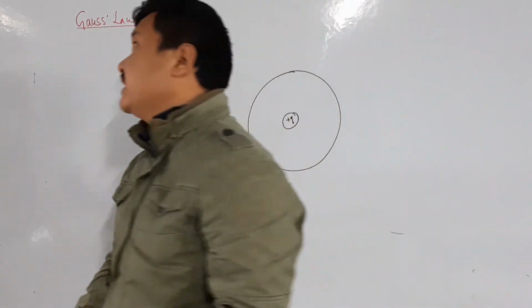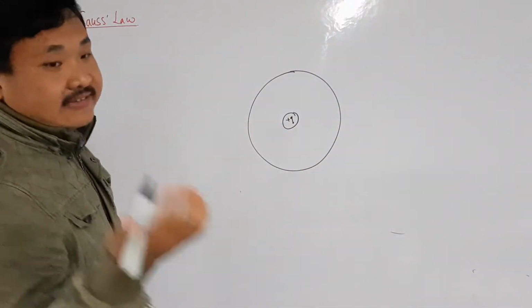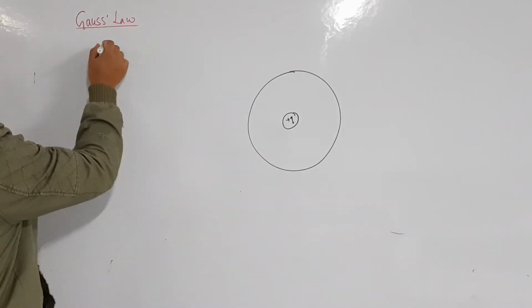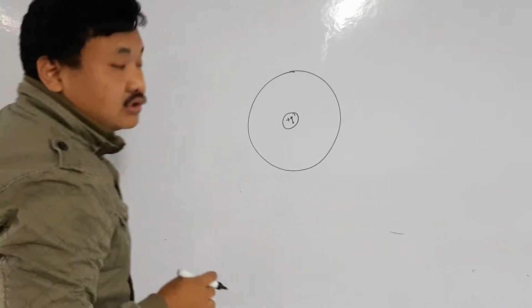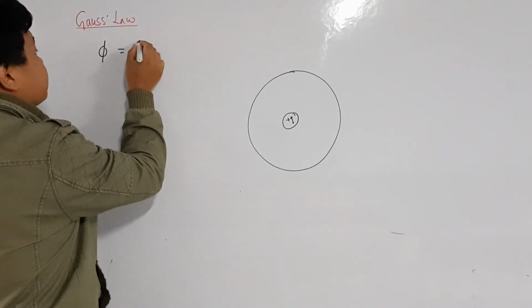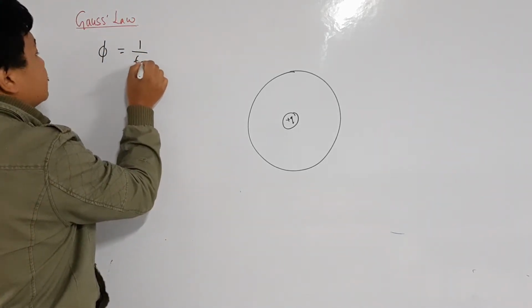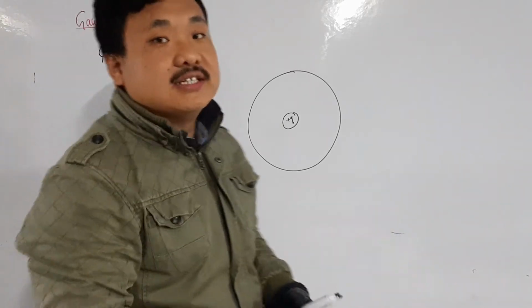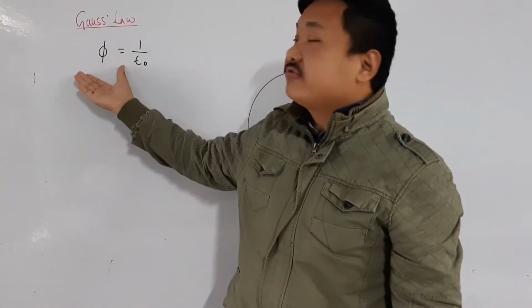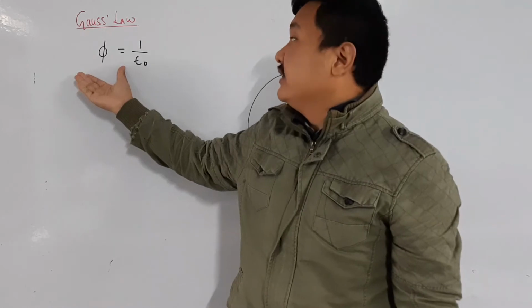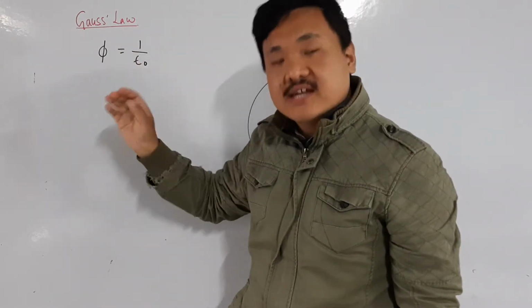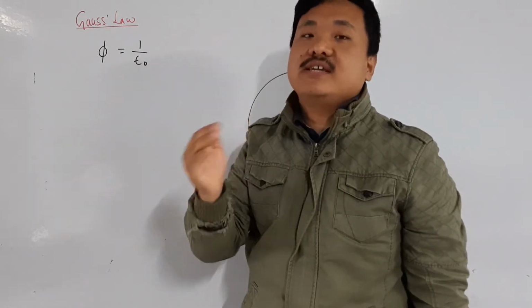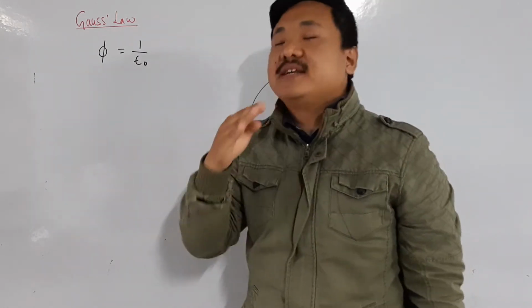So Gauss law states that the net electric flux phi is equal to 1 by epsilon naught times the charge enclosed, that is q, enclosed by a surface. Please remember, times means multiplication.